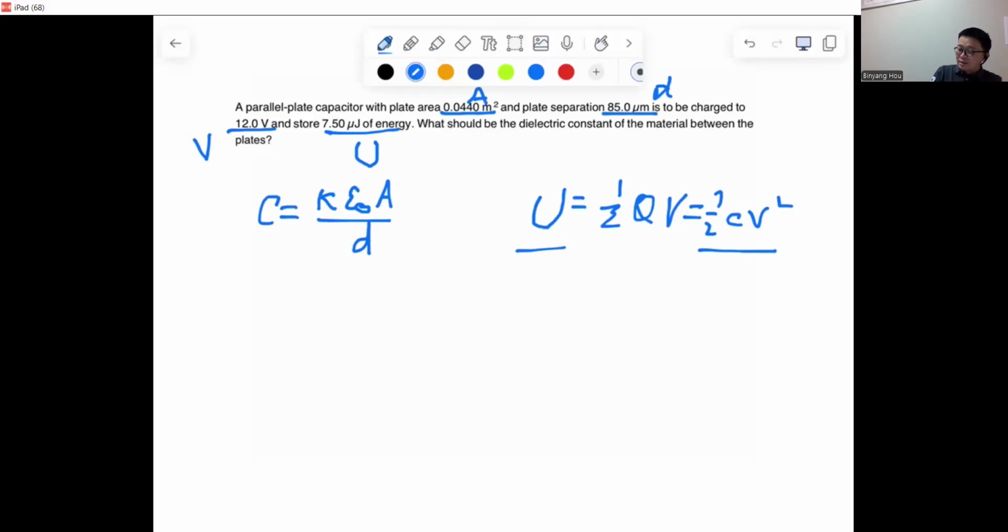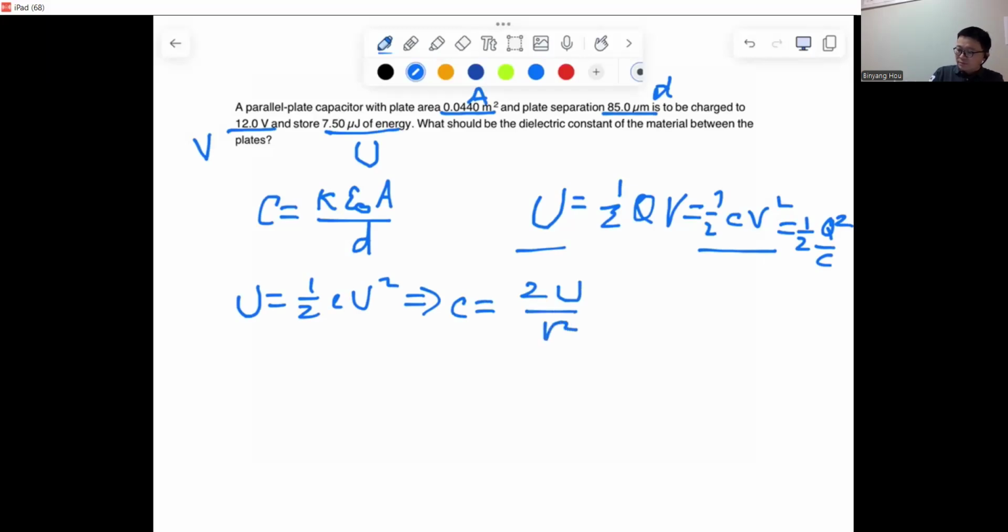There's another expression, which is 1/2 Q squared over C, which we don't need at this point. But U equals 1/2 CV squared, so that tells us C equals 2U over V squared.